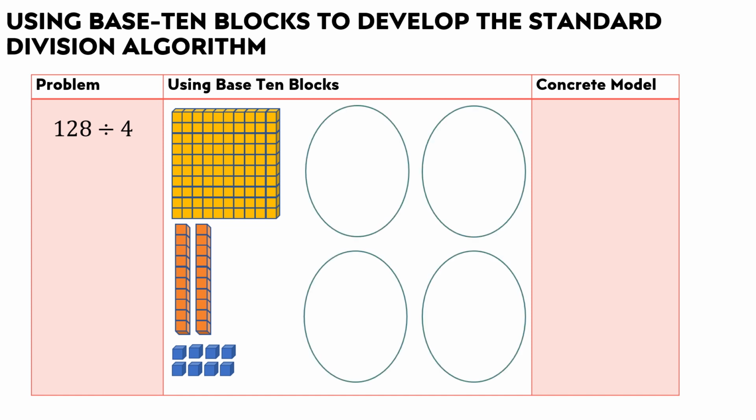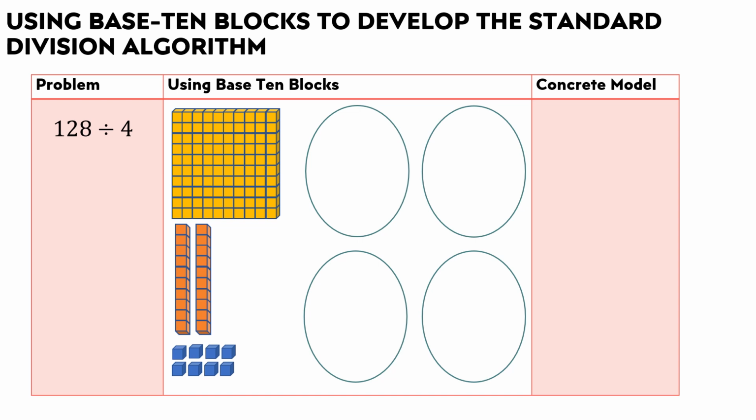So I'm going to lay 4 circles out on the table here, and I'm going to ask students to try to equally divide this dividend, these base 10 blocks, into these 4 groups. So that's why you wouldn't want to divide by a large divisor here, because that's just going to give you more and more groups to have to break this down into. So it's going to be better for base 10 block problems if you are dividing by something small, 3, 4, 5, 6, something a little bit more manageable.